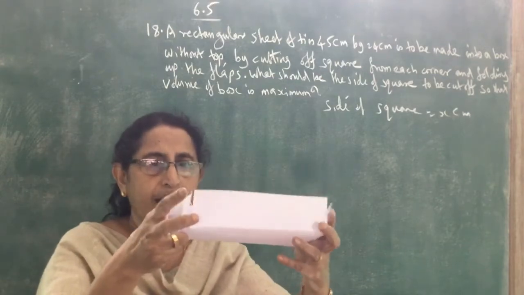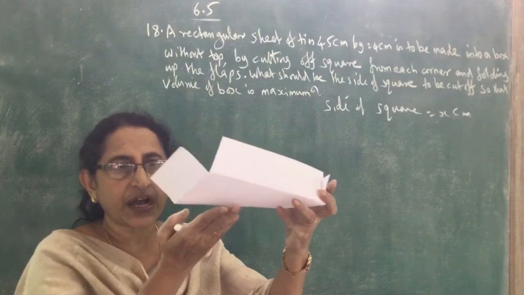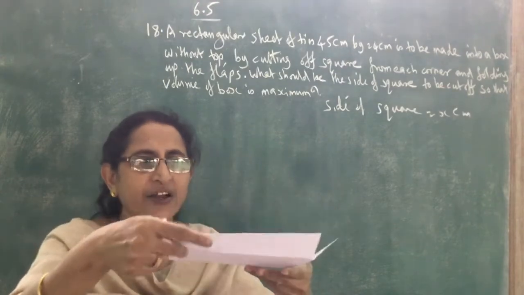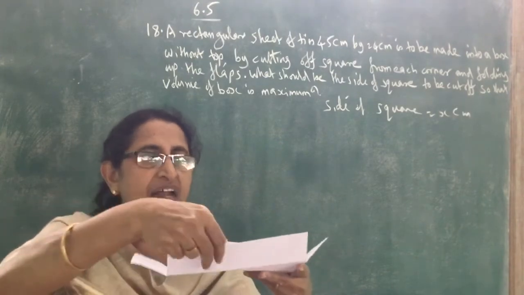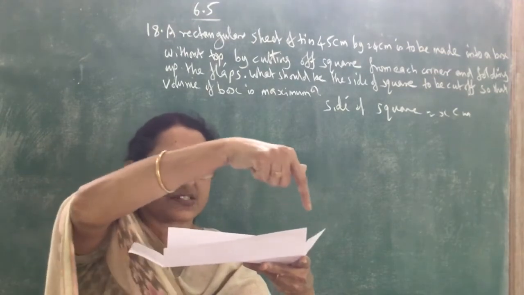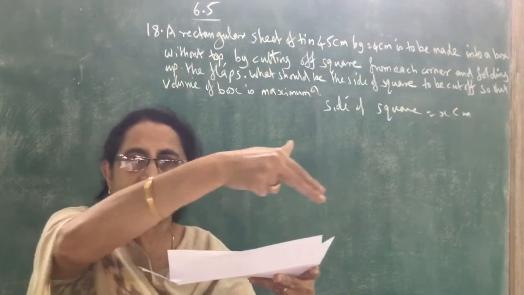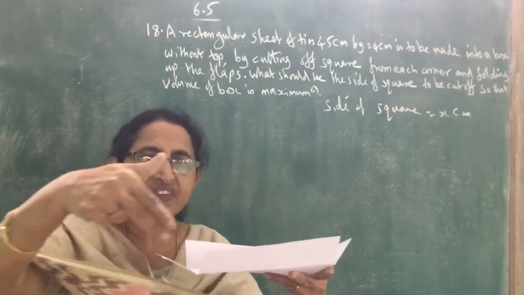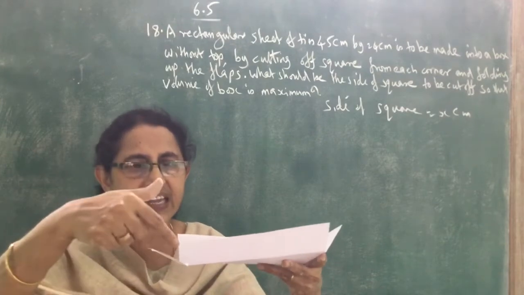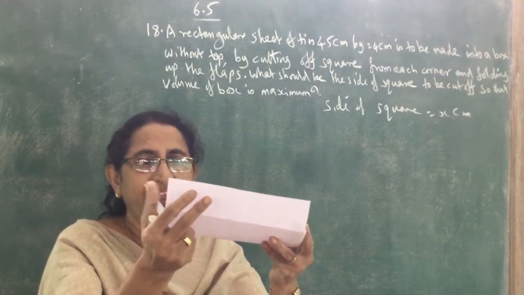The base is a rectangle, and its length is the total length of the sheet, 45 centimeter, minus x plus x.